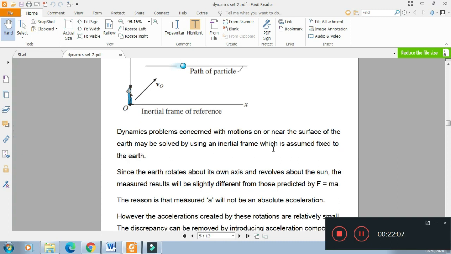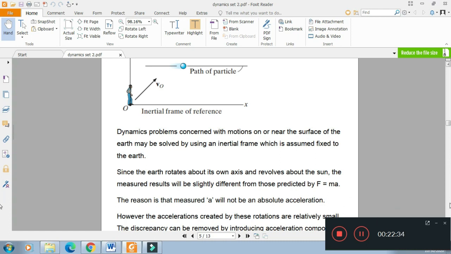But the angular velocity of the earth's rotation is very small, so the equation of motion F equal to ma is almost balanced. That is, there is little difference between F and ma.